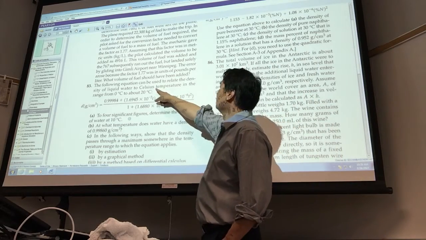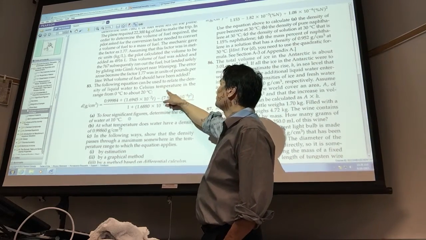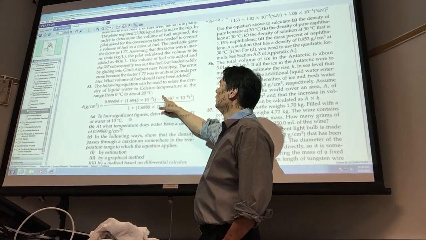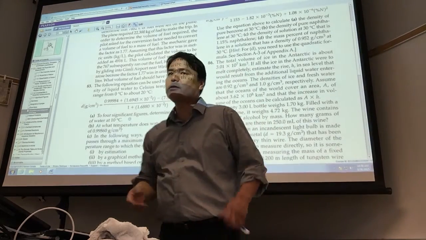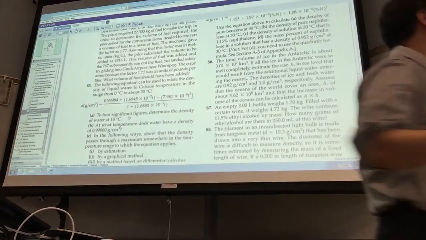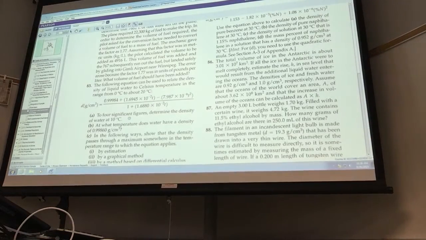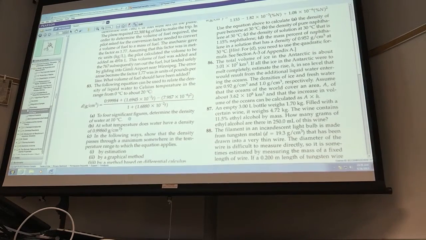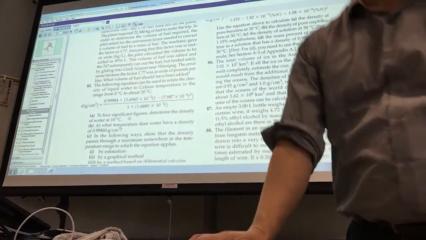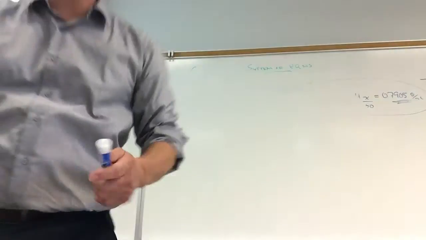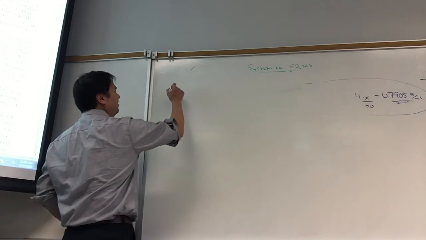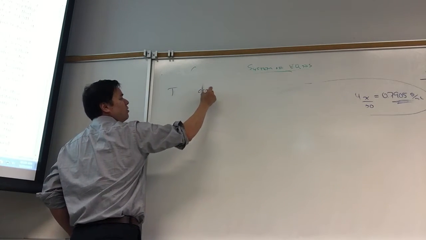But if we look, the following equation can be used to relate the density of liquid water. Have you ever looked at the density of water in a graph? Can you visualize what happens to water with temperature? Usually, in Chem 4, you've worked with this table, the temperature versus the density of water.